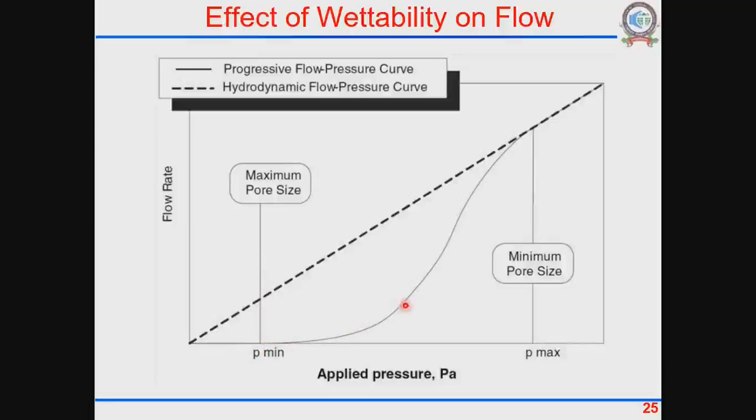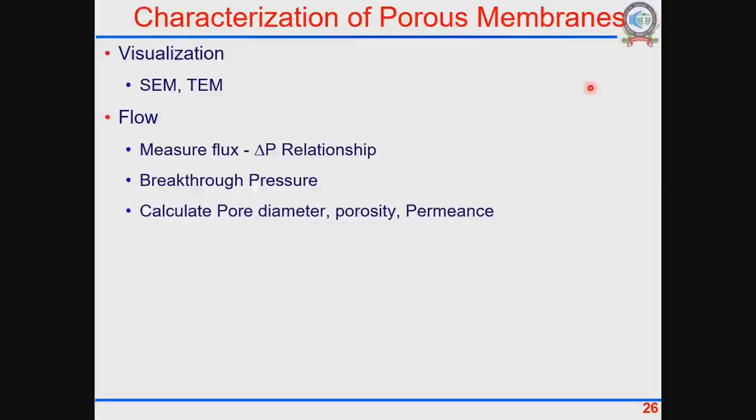Whereas if you go to the other extreme, if you go on increasing pressure further and further, you come to a situation where the flow rate is linearly dependent on pressure, and that's going to tell you the minimum pore size in the membrane. The slope of this line is going to tell you the minimum pore size in the membrane.